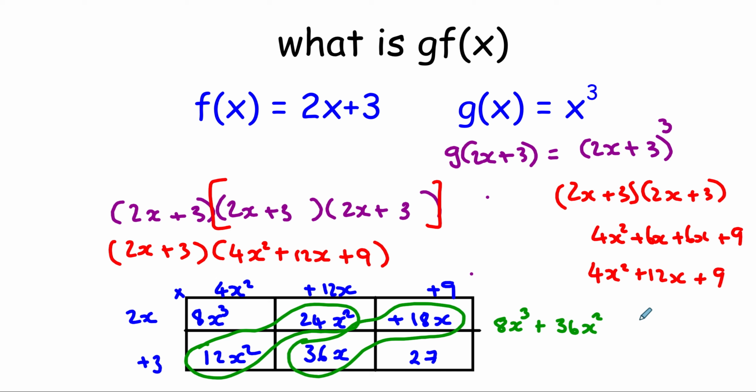And then we're going to add up 36x and 18x, which is 54x, plus 27, and that concludes our answer. Okay, so hopefully that's made things easier for you.